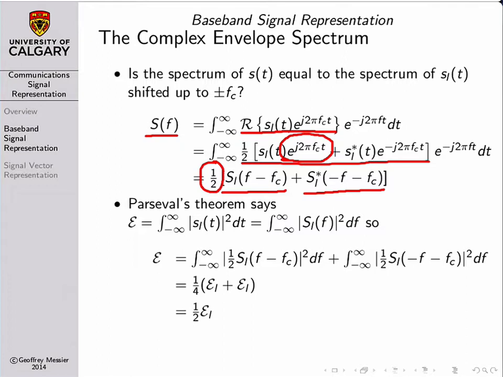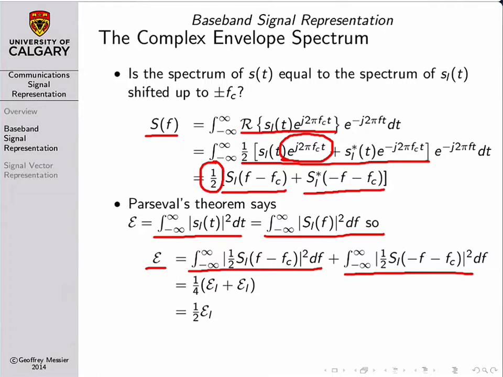So we know that Parseval's theorem says that the energy of a signal in the time domain is equal to the energy of that signal in the frequency domain, right? That's all we've got written down here. And so the energy of the passband signal is equal to the energy of the first term, or the positive frequency term of the complex envelope, and the negative frequency term of the complex envelope.